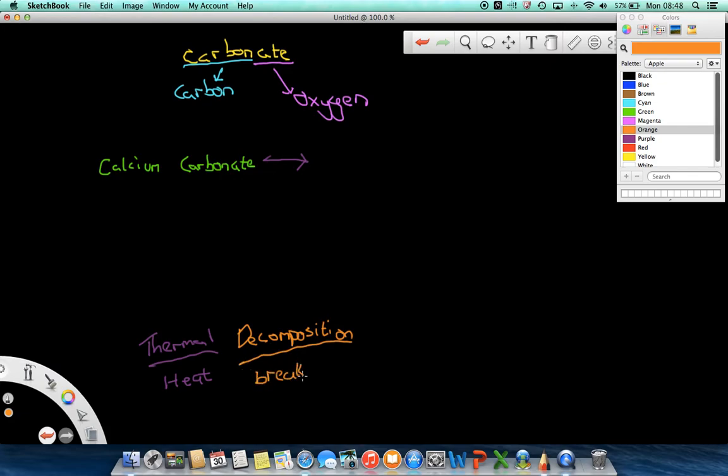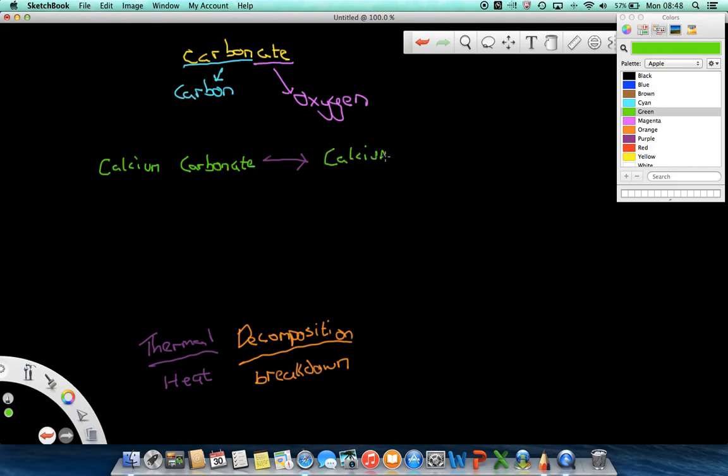So essentially what thermal decomposition means is when you heat it up it breaks down. So we're going to heat calcium carbonate up and it's going to break down into two things. The first of which is calcium oxide.